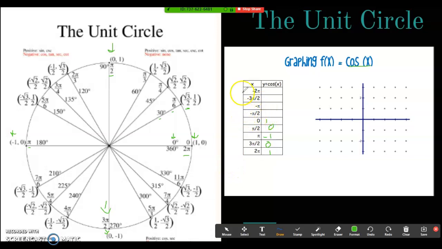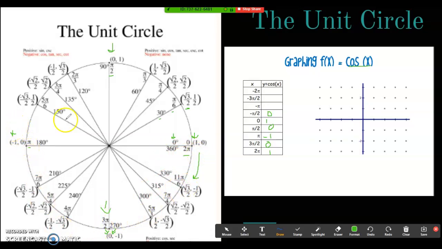Now we're going to go backwards like we did before. And remember, going backwards is just going down. So at negative pi over 2, I would go down a distance of pi over 2. So it's coterminal with 3 pi over 2. The x coordinate is 0. At negative pi, I go down and around.